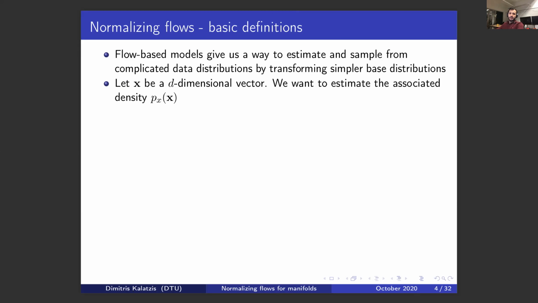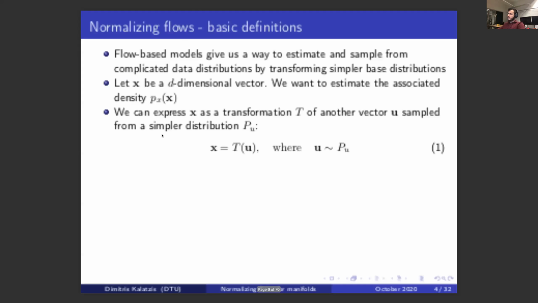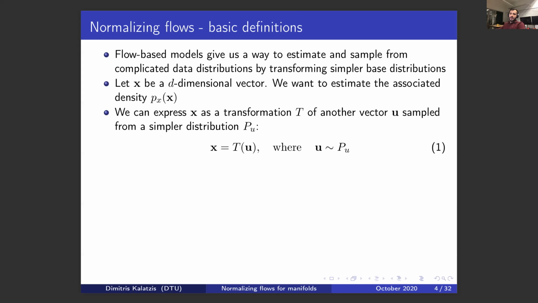As in most settings in machine learning, we assume continuous IID samples coming in a data set of d-dimensional vectors, and our aim is to estimate the data density P of x. So we can express x as a transformation of another vector u, which we sample from the base density P of u. It is customary to call the space of vectors u the latent space.